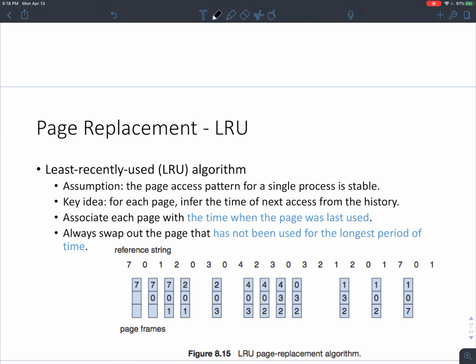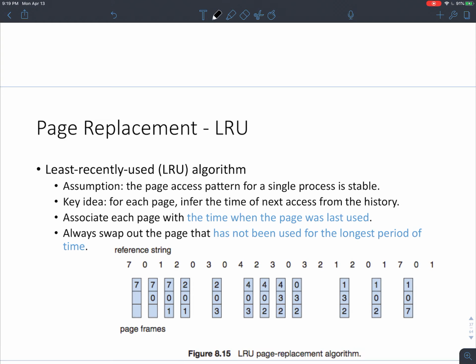The least recently used algorithm follows that kind of idea. Basically it assumes that the page access pattern for a single process is stable. It means that if a page is rarely referred to so far, in the future it's going to be rarely referred to. It's pretty much like if a person behaves pretty well in the past, we believe that this person is going to continue this performance in the future.